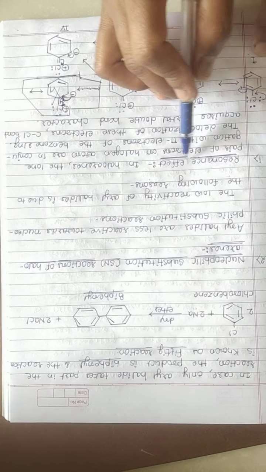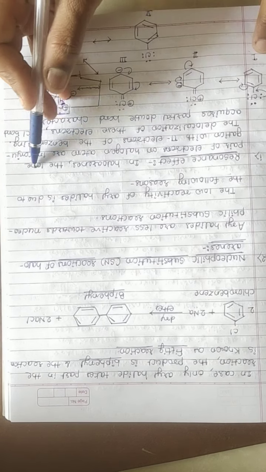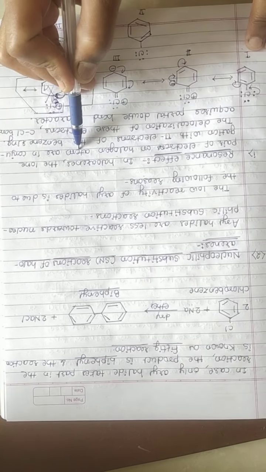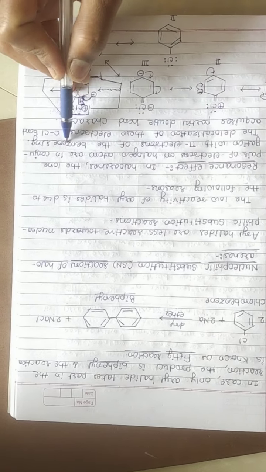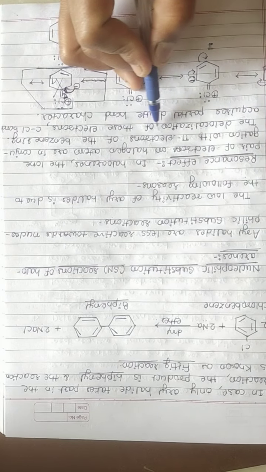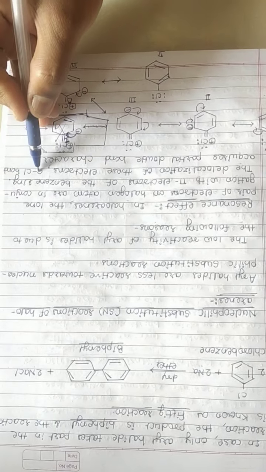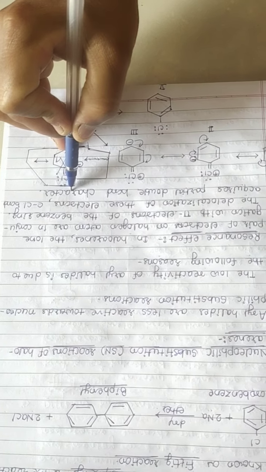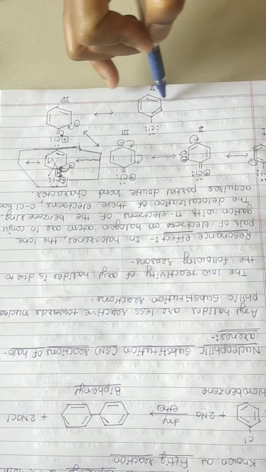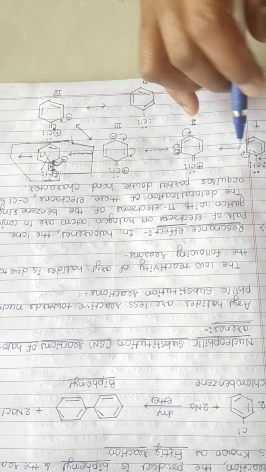Number one is the resonance effect. In haloarenes, the lone pair of electrons on the halogen atom is in conjugation with the pi electrons of the benzene ring. Due to the delocalization of these electrons, the C-Cl bond acquires partial double bond character, and these are the resonating structures of chlorobenzene.